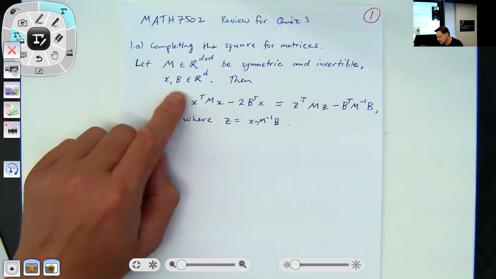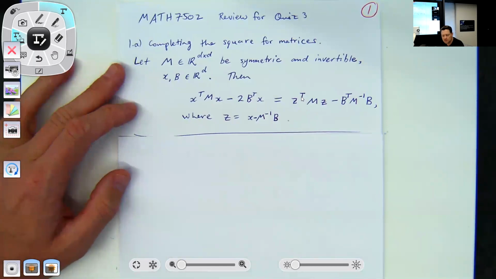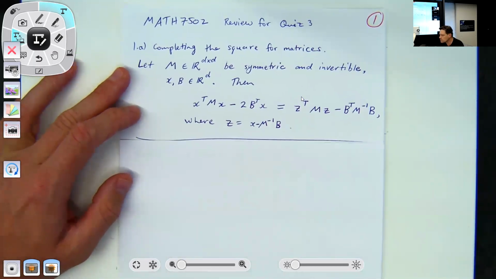So X and B are vectors, or just a column matrix, if you like, of length D.